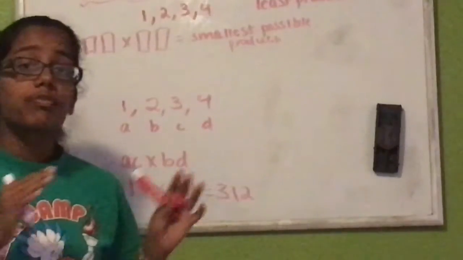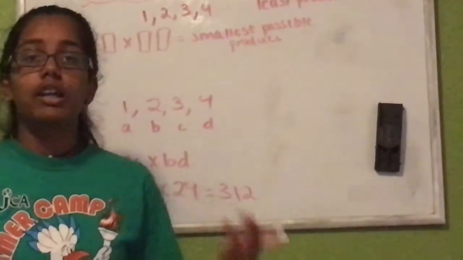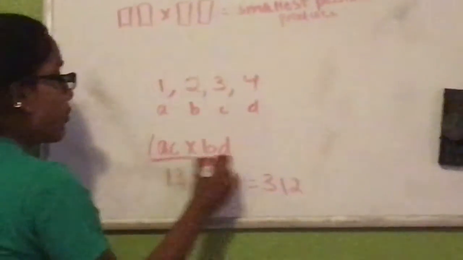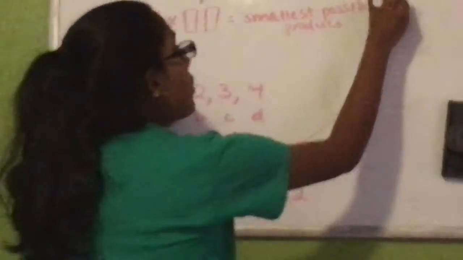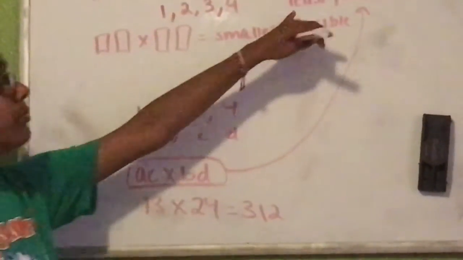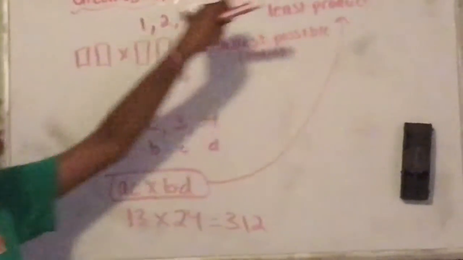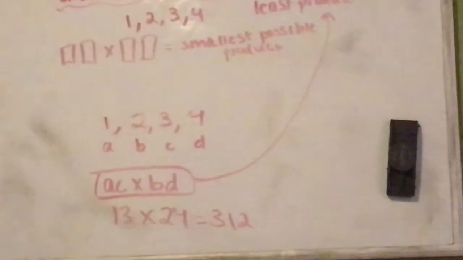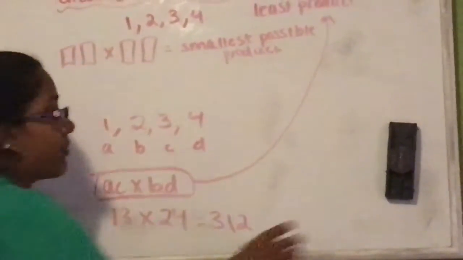This is the smallest product that you can get from these four digits using this trick. So make sure to remember this formula because that is how you get the least product given four numbers, or digits, I should say.